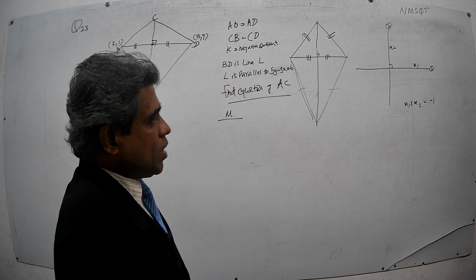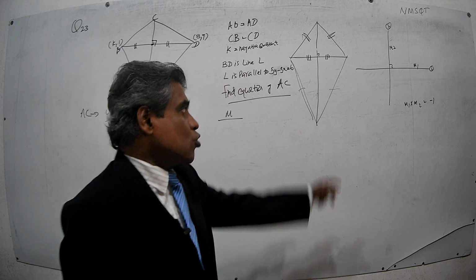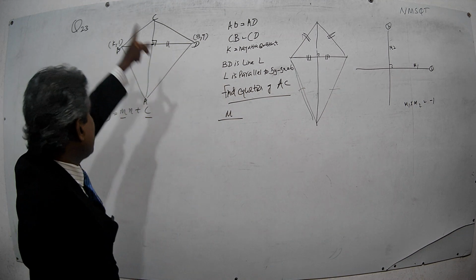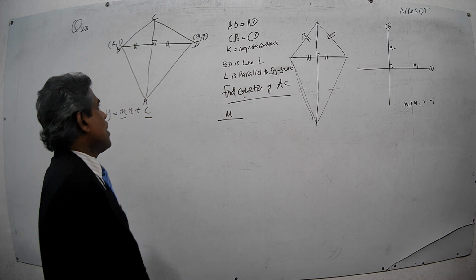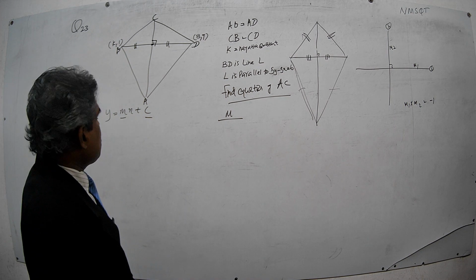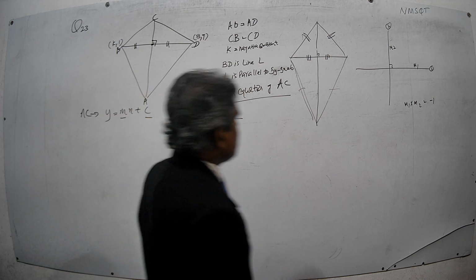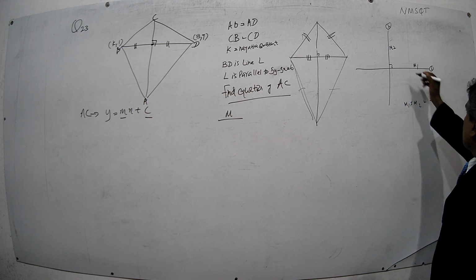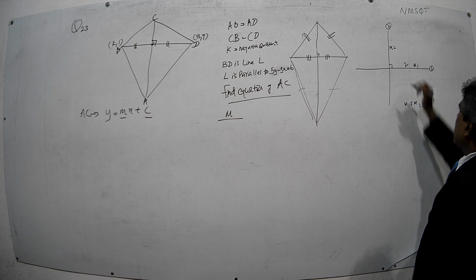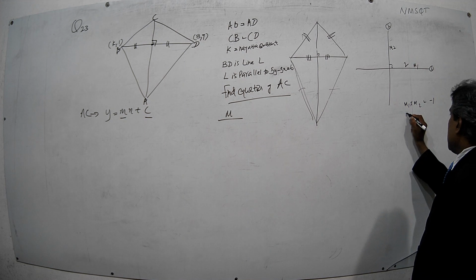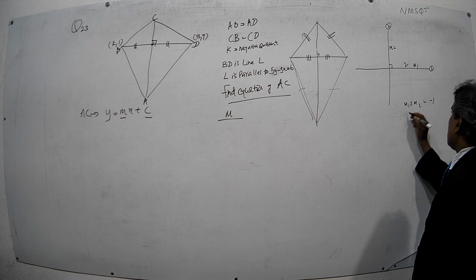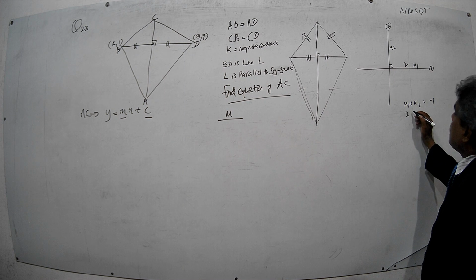Then if that is the gradient relationship between two perpendicular lines, the same can be applied to BD and AC, because BD is perpendicular to AC. So if you know the gradient of this BD line as 2, then to find m2, we substitute the gradient of m1, which is 2, into this relationship.